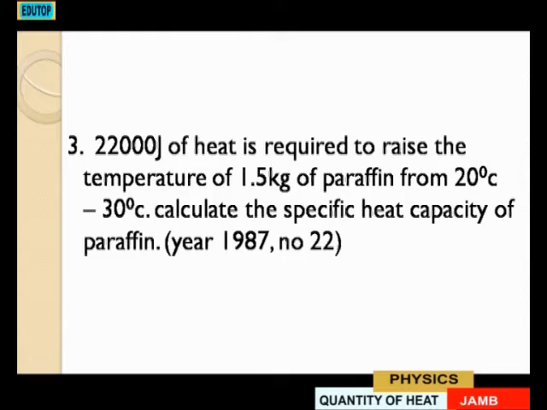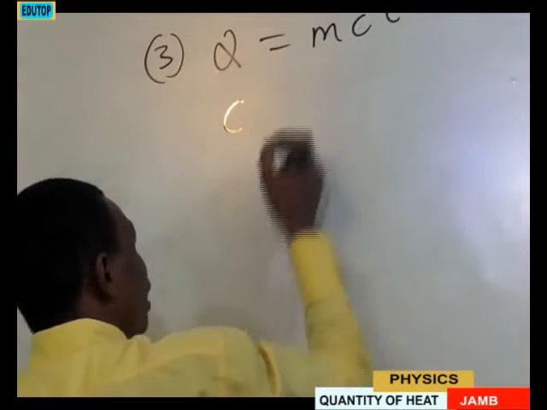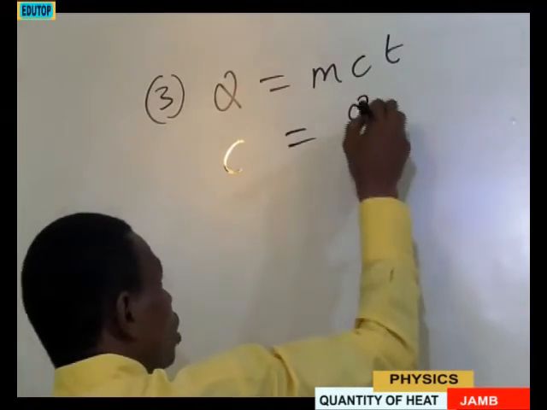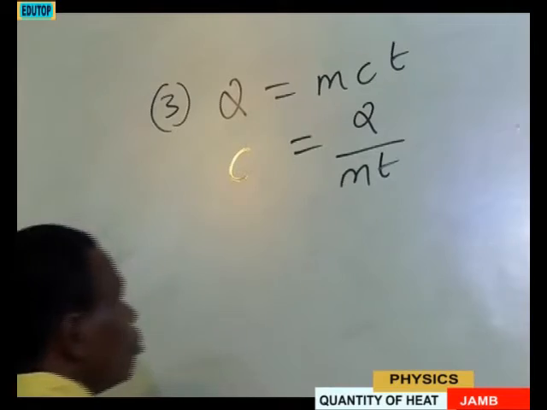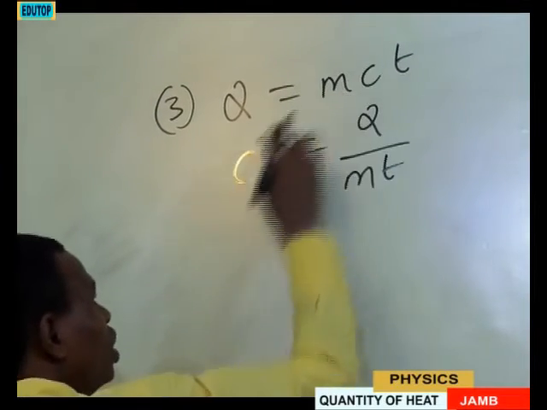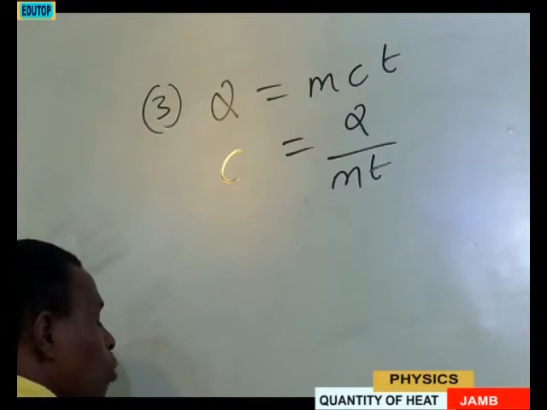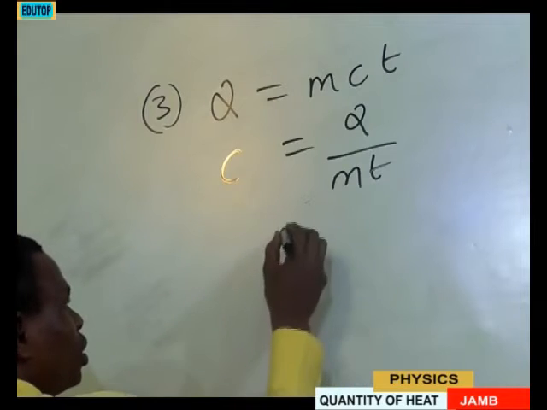Quantity of heat Q is equal to mcT. Specific heat capacity of paraffin will be equal to quantity of heat over mT. Once we make c the subject of the formula, we have this.